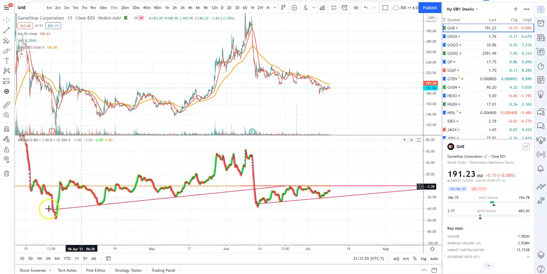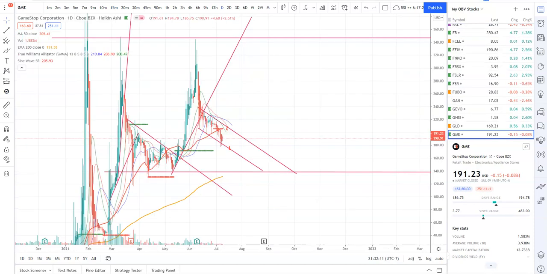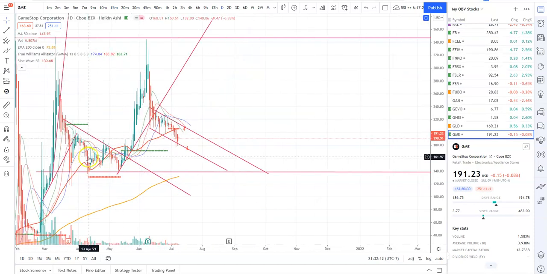You can see here we had this upward sloping trend line of our momentum, and interestingly enough, look where that point coincides with, which is between here and when we finally broke out of this down sloping resistance right here in GameStop.